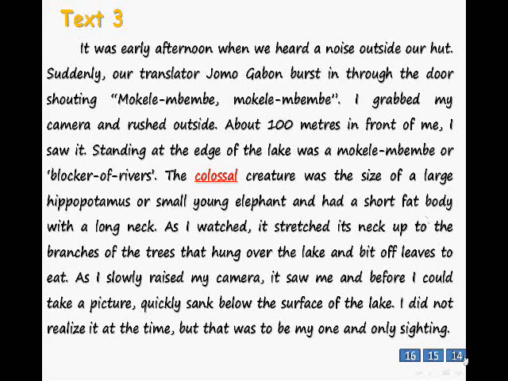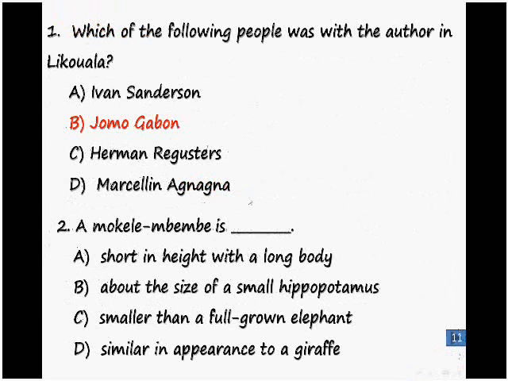And so this creature was the size of this and that, okay? So let's go back to the text. So this thing is what? Short in height with a long body, about the size of a small hippopotamus, smaller than a full-grown elephant, or similar in appearance to a giraffe.